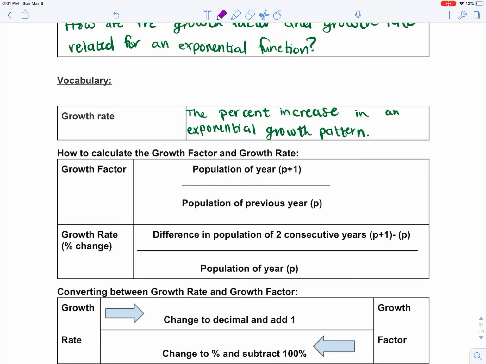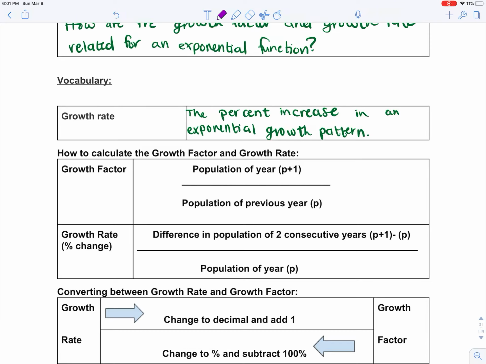So the growth rate is just the percent increase in an exponential growth pattern. Last class we talked about our original population being represented by 100%, otherwise known as a growth factor of 1. So the growth rate at that point is just, there isn't one.